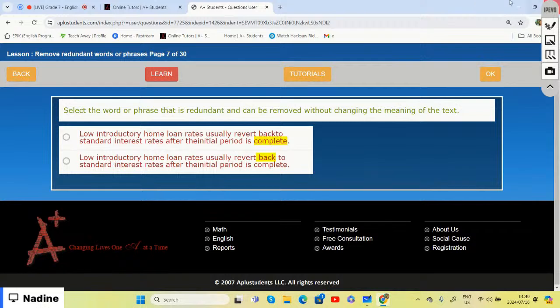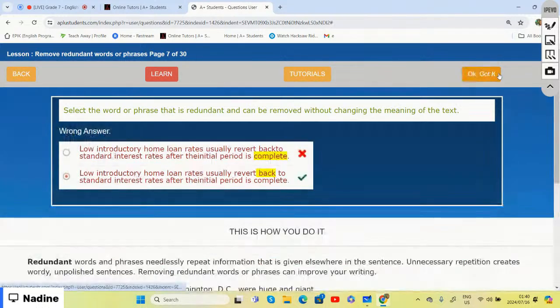So we'll go with, let's see, is it option one?